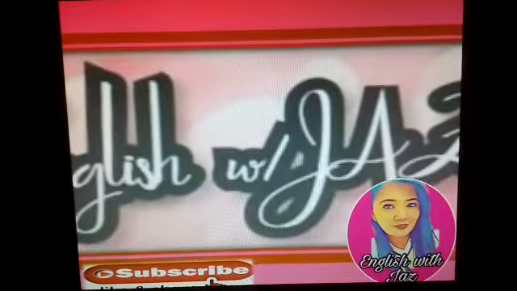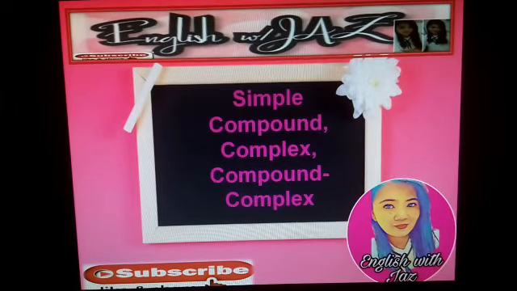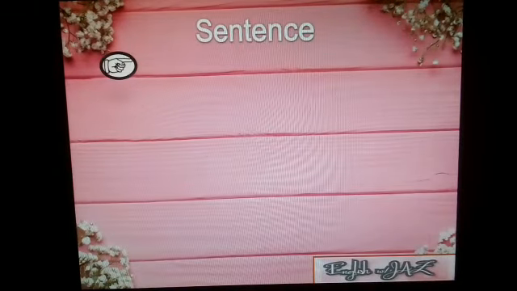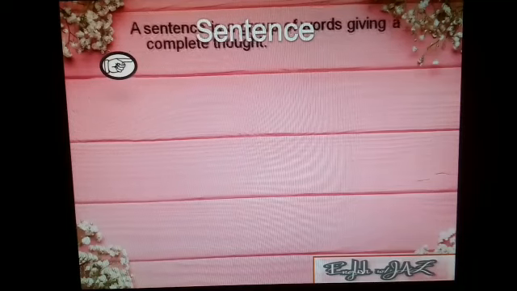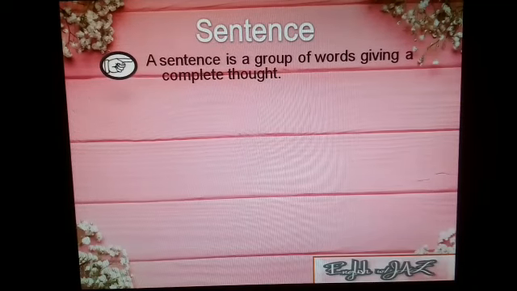Let us now start with our lesson here at English with Jazz. For today's episode, we're going to talk about simple, compound, complex, compound complex sentences. To start with, let's review what is a sentence. A sentence is a group of words giving a complete thought.